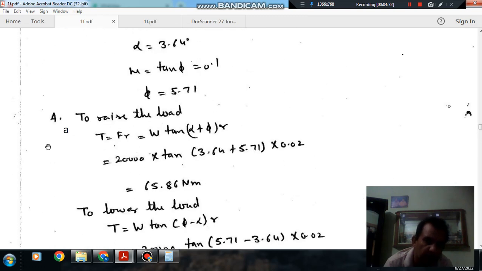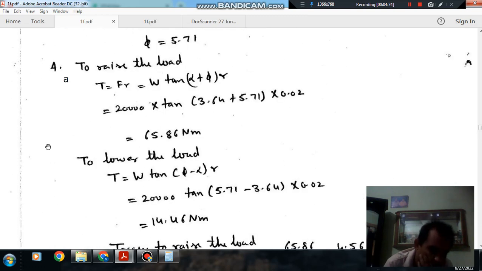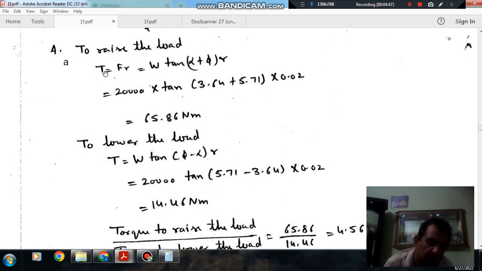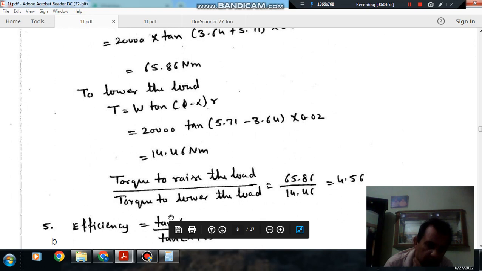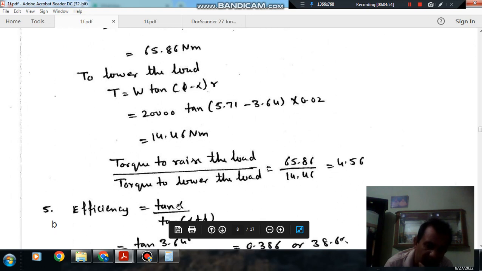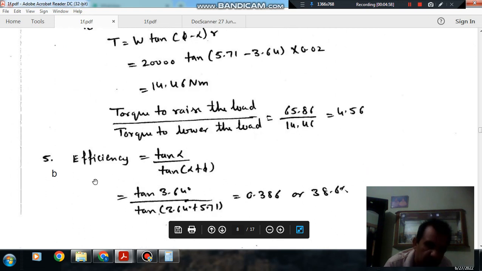That is the efficiency that can be found by this simple formula. If we neglect friction, the torque required will be minimum. If we consider friction, the torque required will be the actual or maximum. So minimum torque required divided by actual torque required is the efficiency, that is 38.6%.